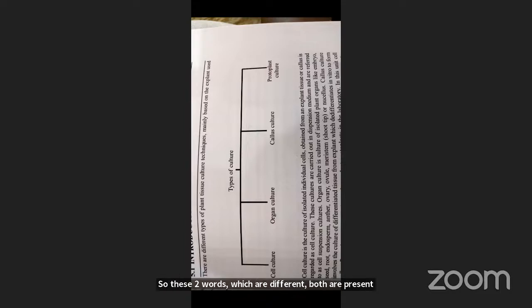Protoplasm is nucleoplasm plus cytoplasm, so that together is called protoplasm. Protoplast is the cytoplasm associated with the plasma membrane. So these two terminologies are different, protoplast and protoplasm.